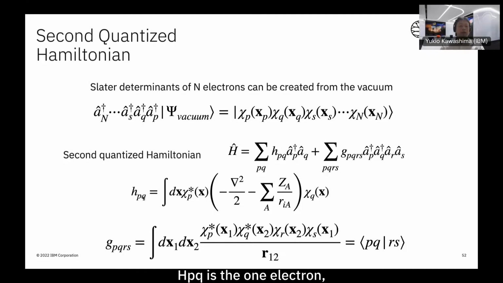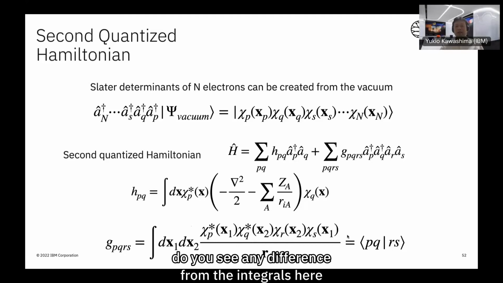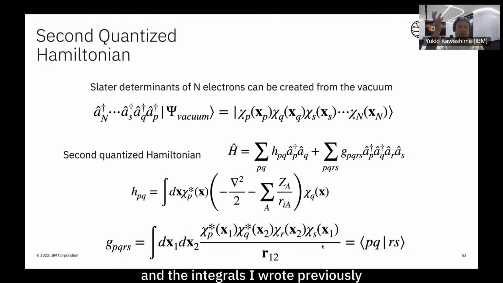h_pq is the one-body term of the Hamiltonian. It has the one-electron integrals, with the kinetic energy term of the electrons and the electron-nuclear attraction term. For the two-body term, you have these two-electron integrals, which are the contribution for the electron repulsion. If you look at this integral, do you see any difference from the integrals I wrote previously in the other slides?